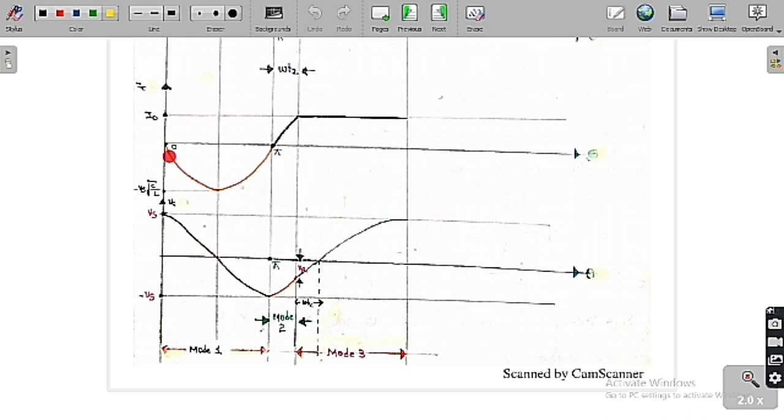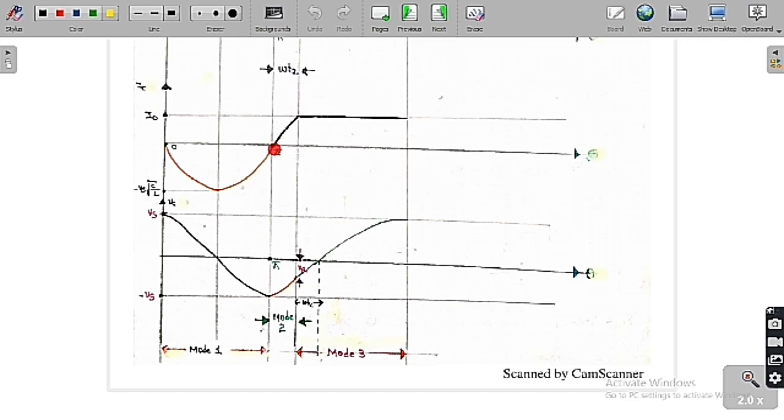And the current expression is minus Vs under root of C by L into sine omega t. Sine means positive, but minus means it will be negative in this direction. So this is the direction of the current you are going to get. See, after pi, the current wants to try to be positive.